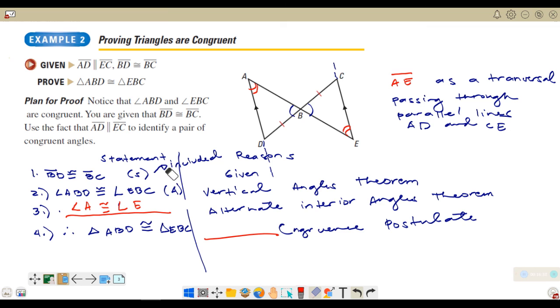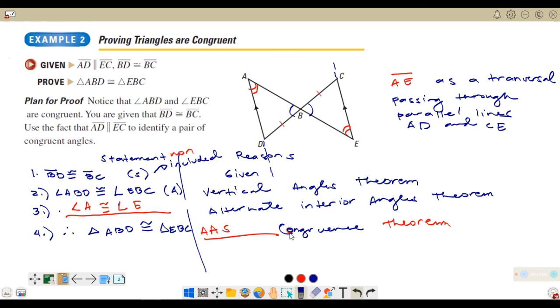But we are going to make changes regarding our reason or our approach. It is no longer ASA, because BD and BC become the non-included sides. So, here, we are going to make use of the AAS congruence theorem.